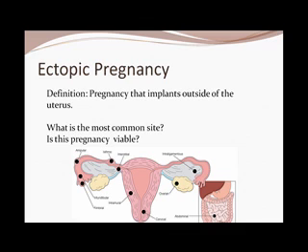In a tubal pregnancy, the woman kind of has two losses. One is the loss of this pregnancy, because it wouldn't be able to be viable and completely grow within the fallopian tube. The other is the loss of that tube. So often they need to go in and remove the portion of the tube where the pregnancy is.